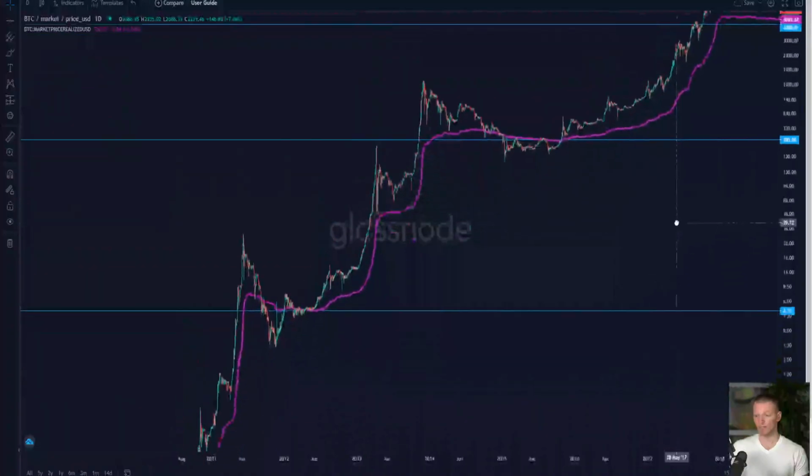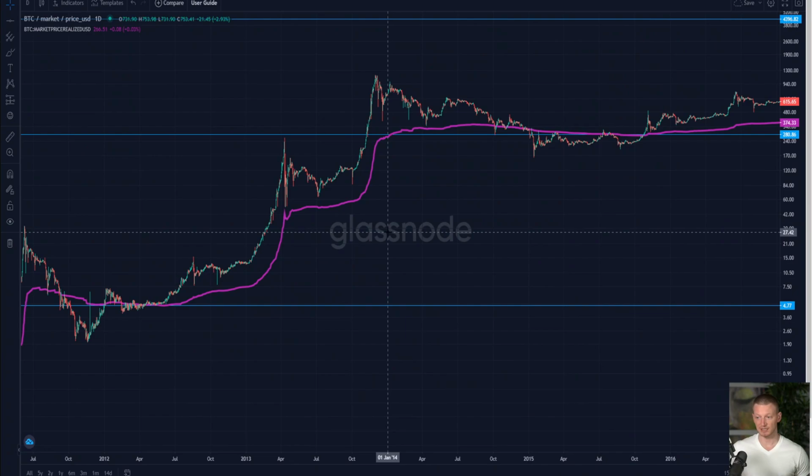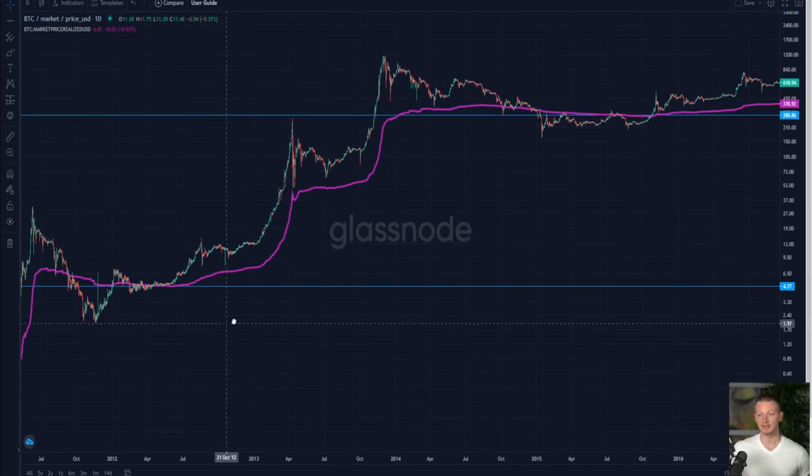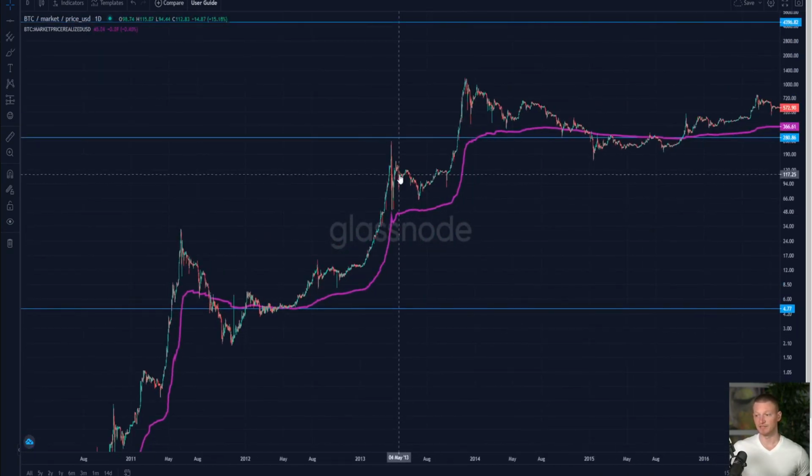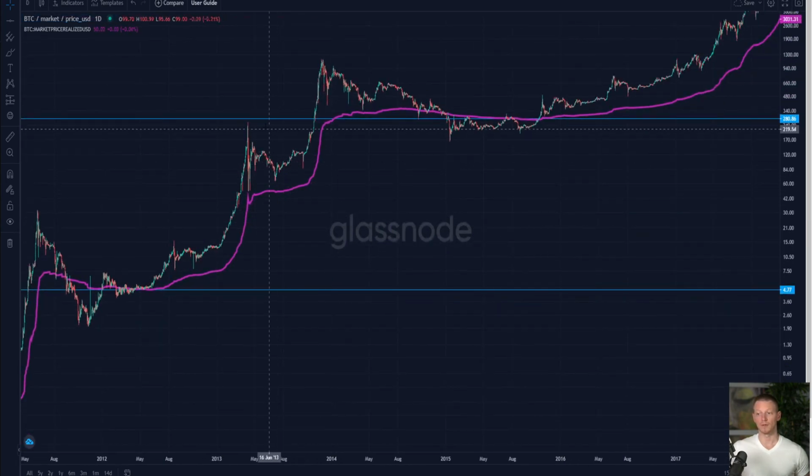Alternatively, what could be happening is exactly what we saw in various phases of this 2013 market cycle, where we reached this peak, then started to come down while the realized cap continued to grow. All right, so we leveled off in the middle of a parabolic phase, leveled off for some time, and then continued the run.